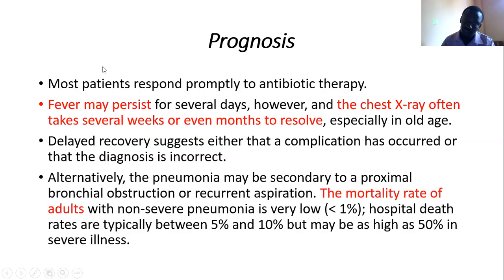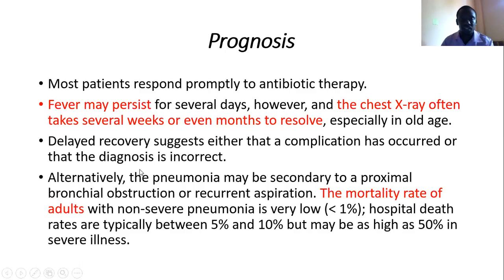The prognosis: fever may persist for several days. However, the chest X-ray often takes several weeks or even months to resolve, especially in the elderly. Delayed recovery usually suggests a complication has occurred, or it will tell you that the diagnosis might not be right.